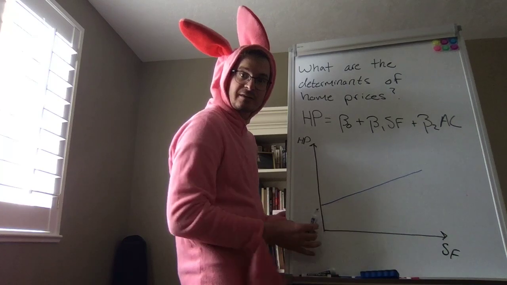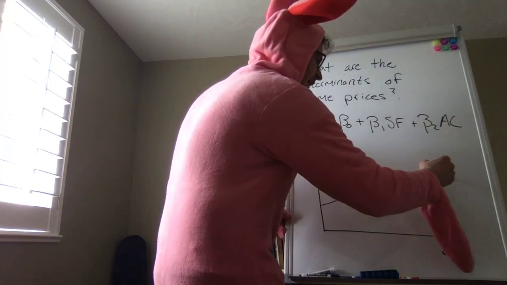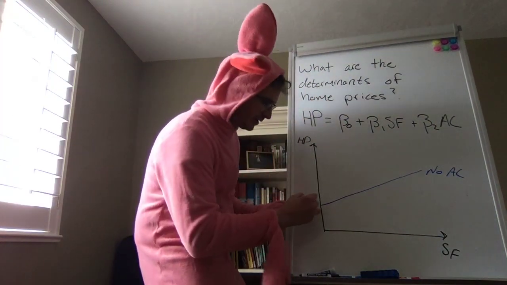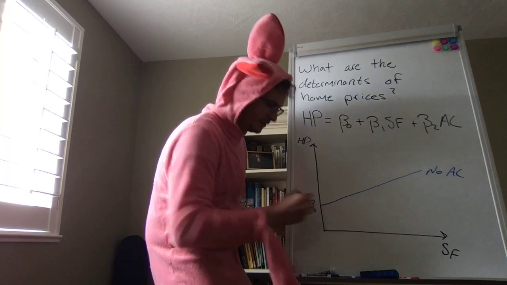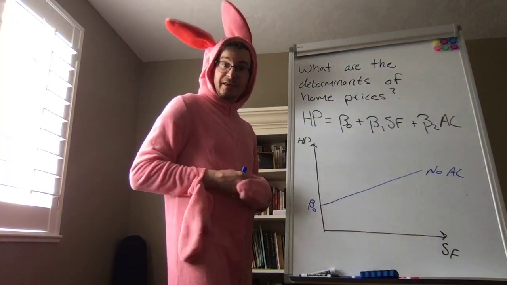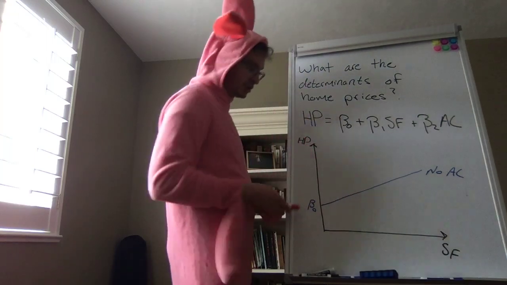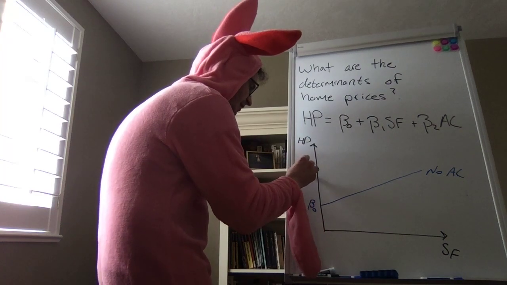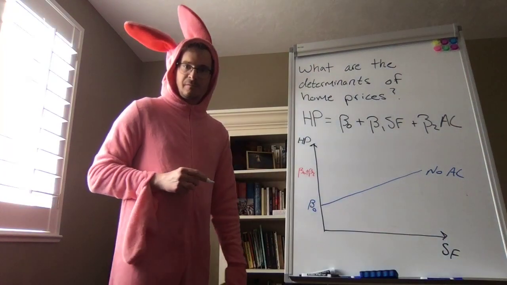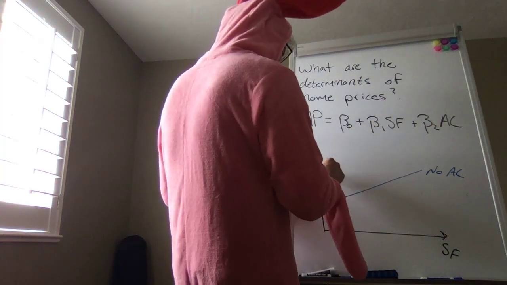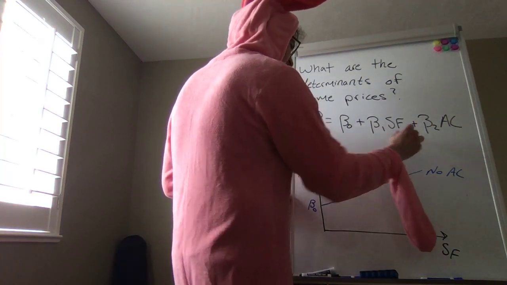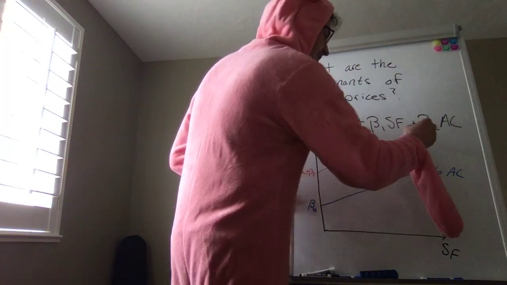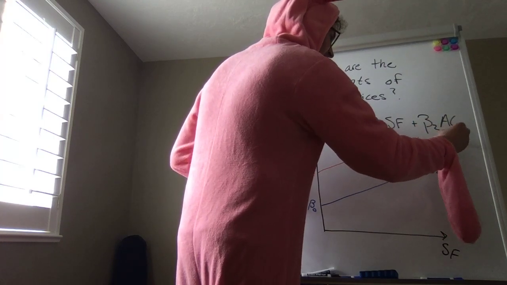As square feet increases, house price increases. We'll call that the no AC equation. This intercept is beta naught. If having AC is valuable, then what we just showed is we're going to take that and add beta 2 to it. So right here, beta naught plus beta 2, that's our new intercept. The lines are parallel, so we're forcing the change with square feet to be the same across the houses. And this is our yes AC equation.